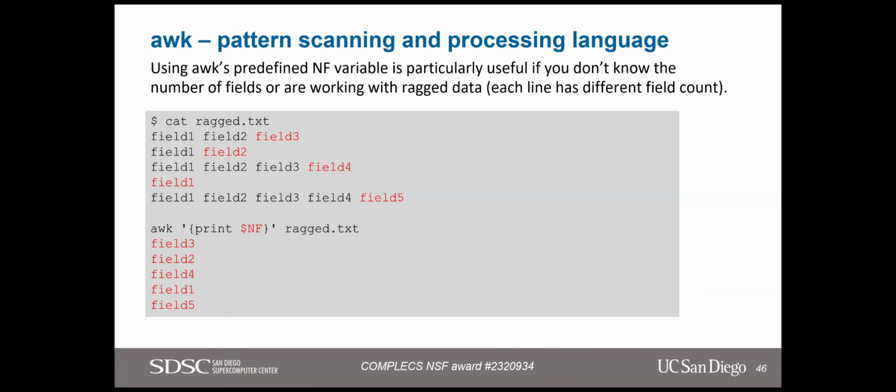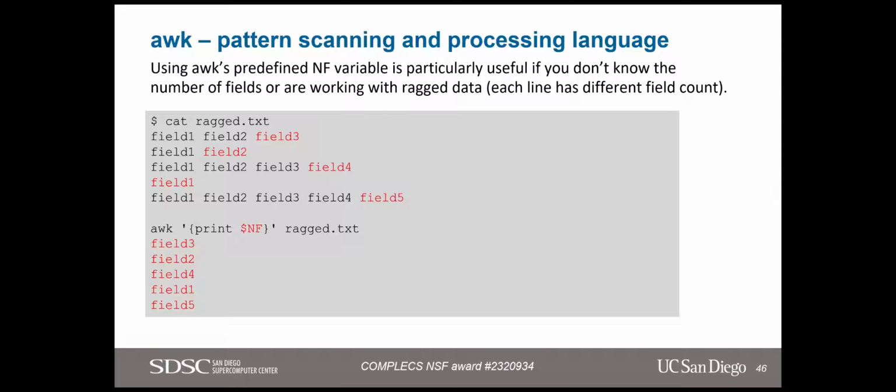So NF is really useful if you don't know the number of fields you're working with, if you have what we call ragged data. If you know that the final field will always have the information that you want, for example, an input form that asks for first name, last name, various things, but the names that are blank don't actually contain anything, so the lines become shortened.